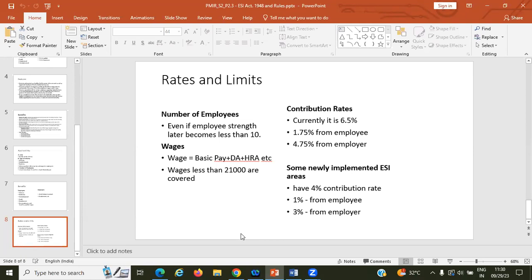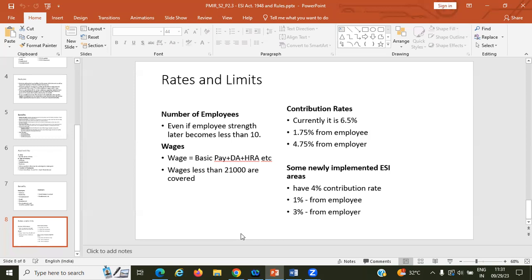From your pocket, 1 rupee 75 paisa is going. That means you get a salary of 100 minus 1.75, 98.25. Altogether 6 rupees 50 paisa goes into the ESI fund. That kind of money accumulates every month, and from that any employee gets benefits.